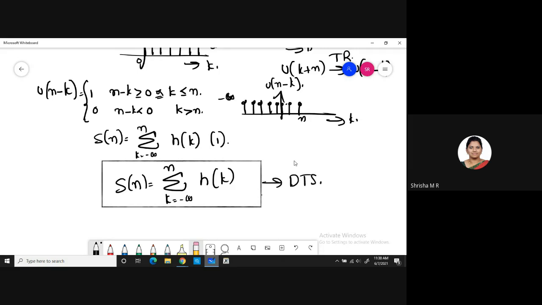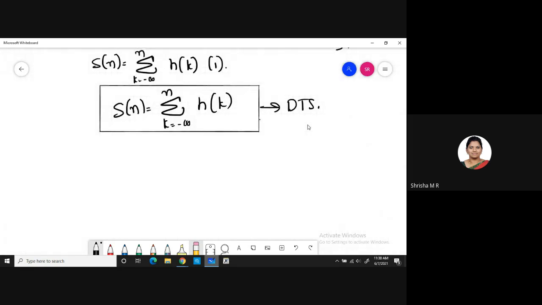Okay, let us see for continuous time signals what is the equation for step response. It is similar to this. For continuous time signals, as we have seen, y of t is equal to h of t convolved with x of t.